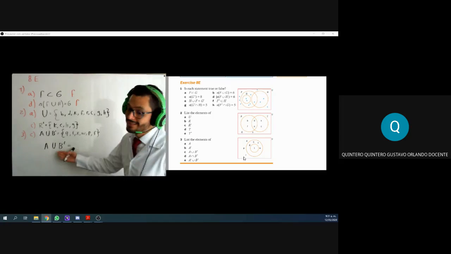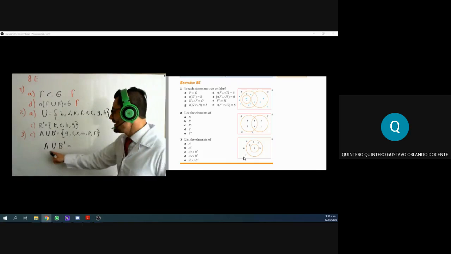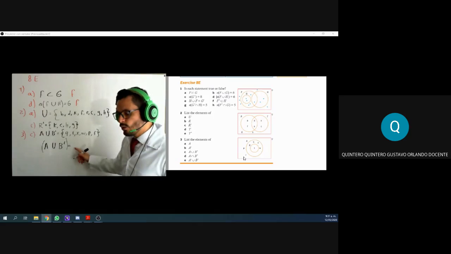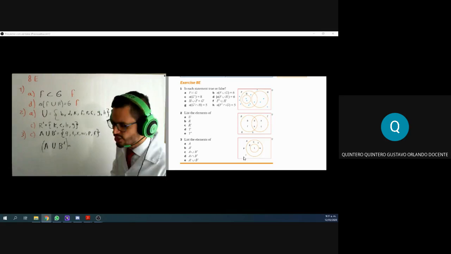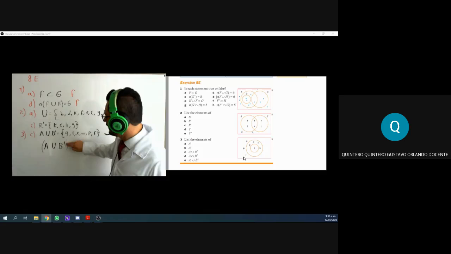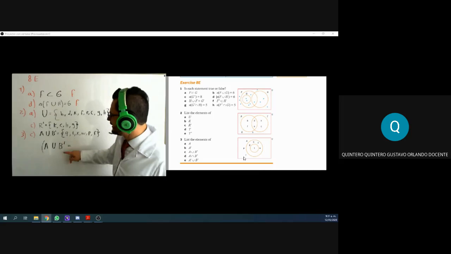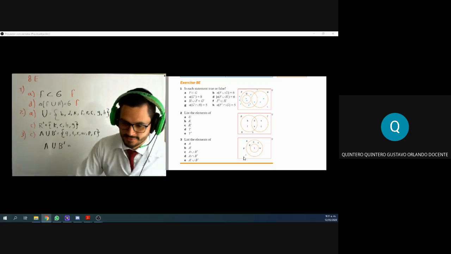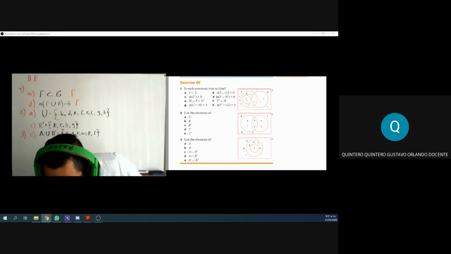I don't want to list the elements. No, I want to say that these two are equal to one set. Please, in the chat, write down the set that these two sets are equal to. Let's see if somebody gets it.